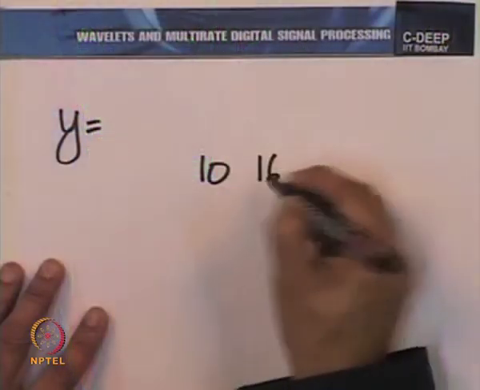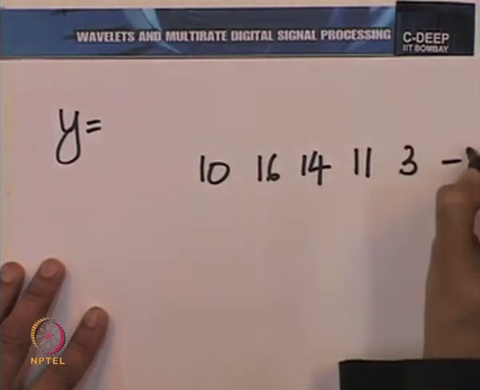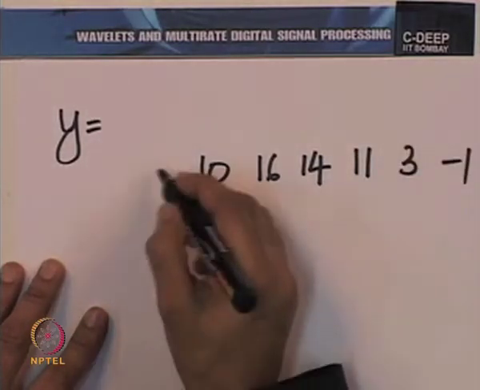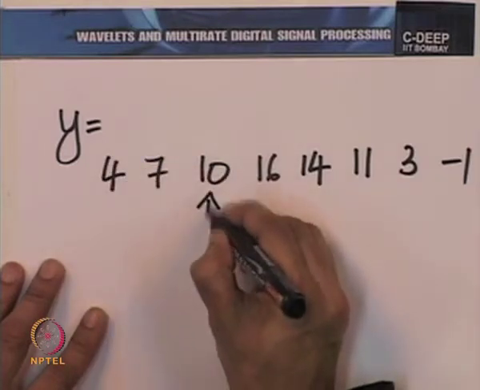So, for y the sequence is essentially 10, 16, 14, 11, 3, minus 1 here and 7, 4 there and 0 marked here.